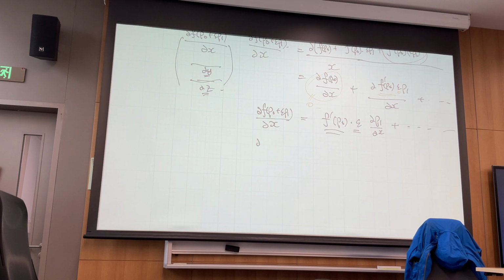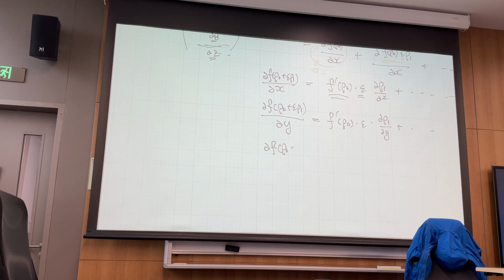And for z: f prime rho 0, epsilon, and partial rho 1 over partial z, plus the higher order terms.